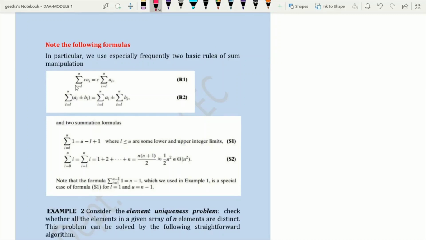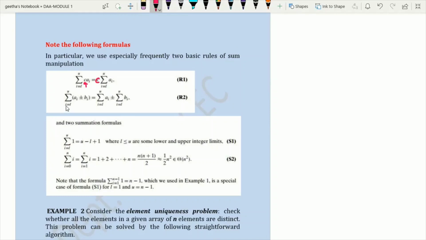One is the summation of i equal to 1 to u of C times a_i will be equal to C times the summation of a_i. The part that depends on i will be kept inside the sum. C can be kept out because it is a constant. It is not dependent on i.